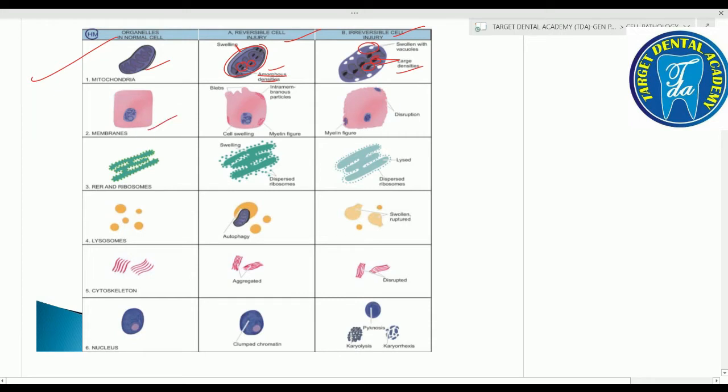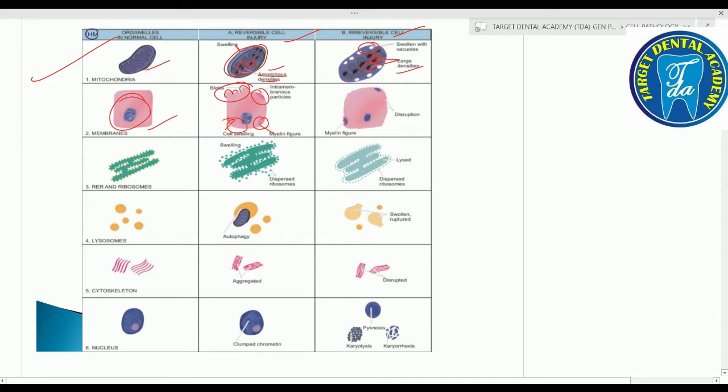Second is the membrane, which is normal in the normal cell, while in the reversible cell there is the formation of blebs, intramembranous particles, myelin figures, and cell swelling.